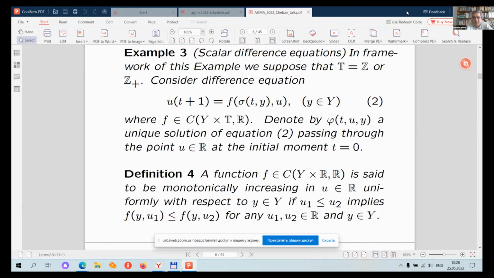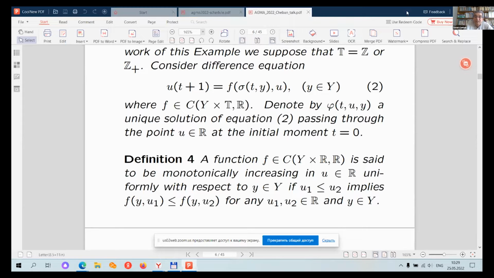As in the preceding case, y here is a parameter belonging to the space Y, and (Y, t, sigma) is a discrete dynamical system on the base space Y. I'd like to stress that in the preceding case, for the differential equation, the function f was arbitrary, whereas here we additionally suppose that the function f as a function of u is monotone.